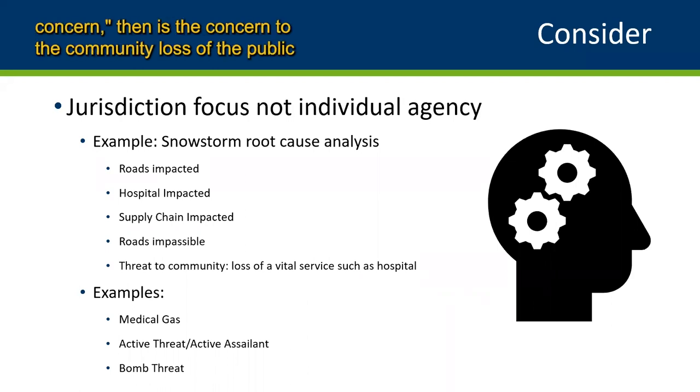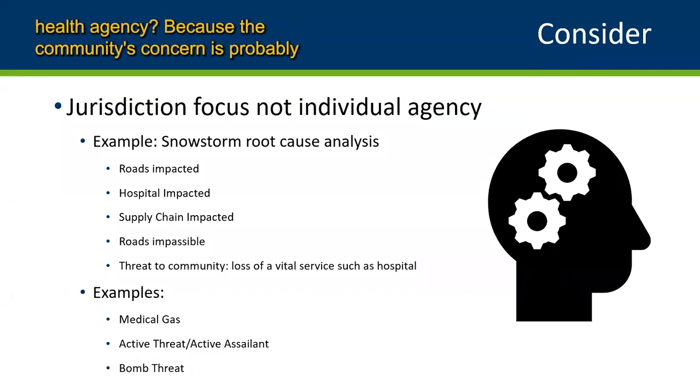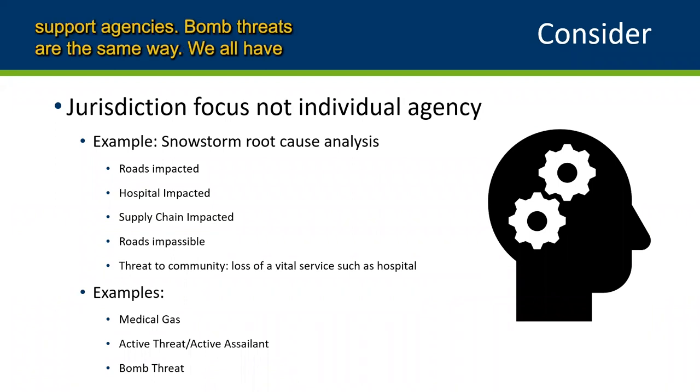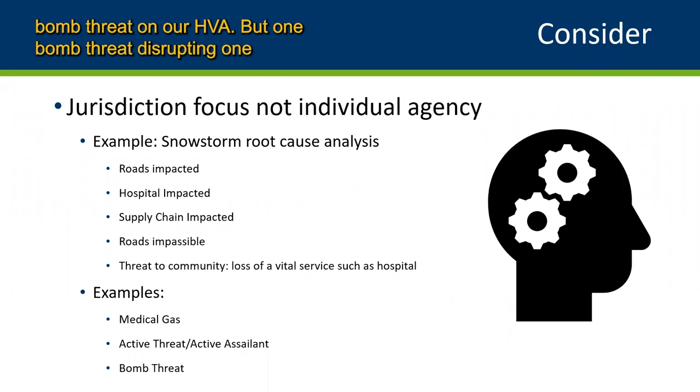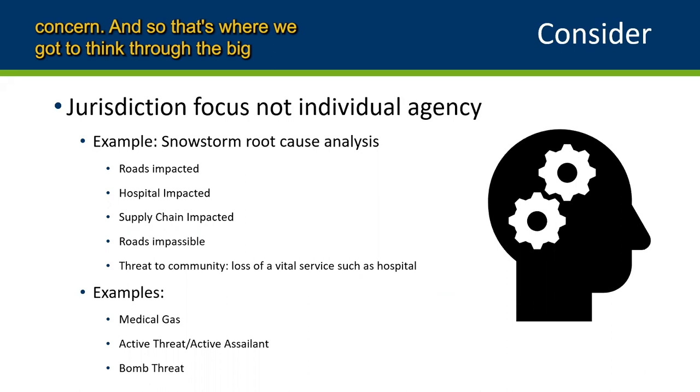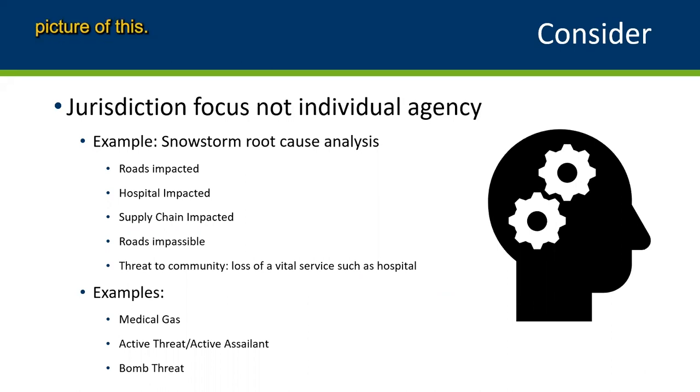Then is the concern to the community loss of the public health agency? Because the community's concern is probably not a medical surge of 3 to 10 patients. The community's concern is more about losing those key functions and key support agencies. Bomb threats are the same way. We all have bomb threat on our HVA, but one bomb threat disrupting one organization for several hours is not really a regional concern. And so that's where we got to think through the big picture of this.